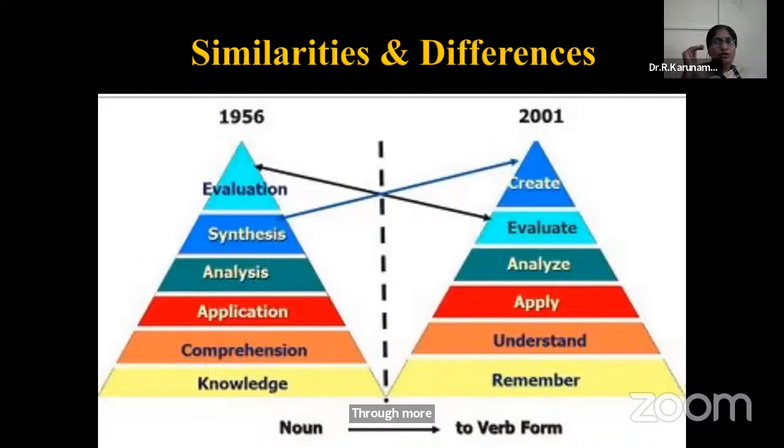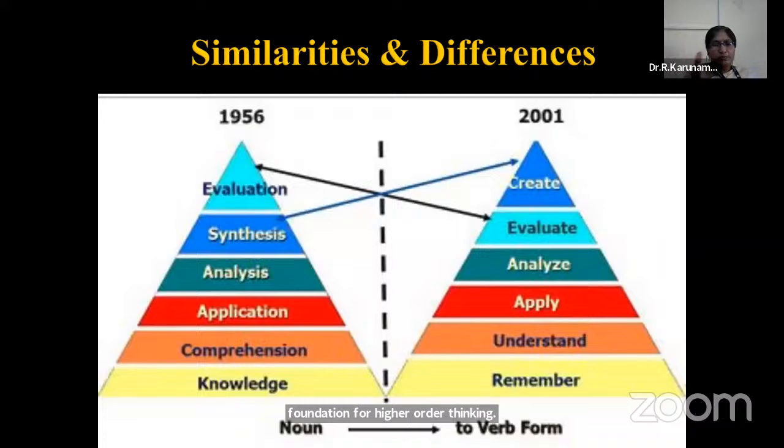From knowledge to evaluation or create, they rise up. In both taxonomies, lower level skills act as the foundation for higher order thinking.